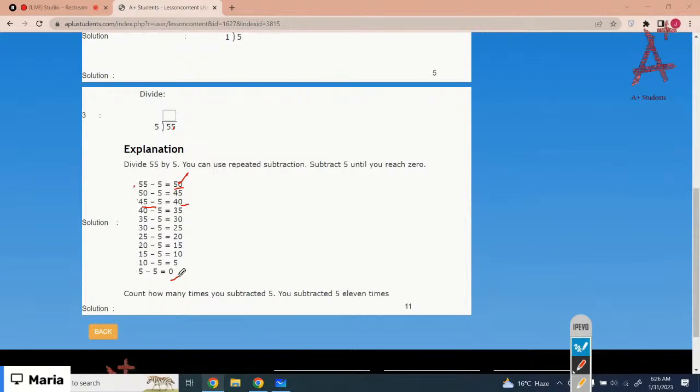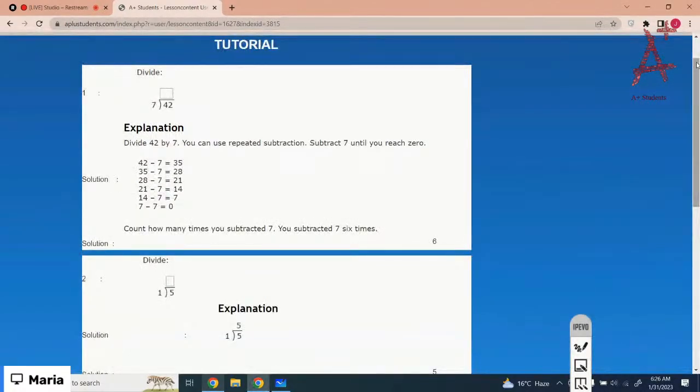So you subtract until you get 0. How many times can you subtract it? You subtracted 5 — 1, 2, 3, 4, 5, 6, 7, 8, 9, 10, 11 times, because 5 times 11 makes 55. Got it? So the fact is that division means you have to subtract. Basically, division is repeated subtraction. Got it?